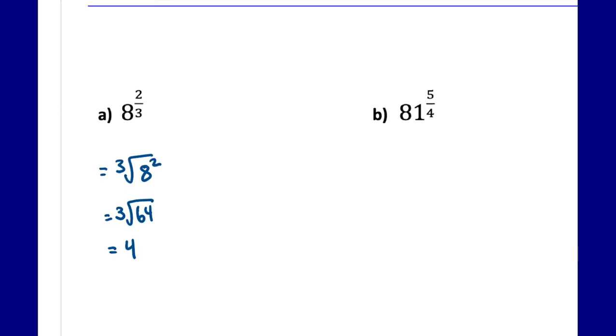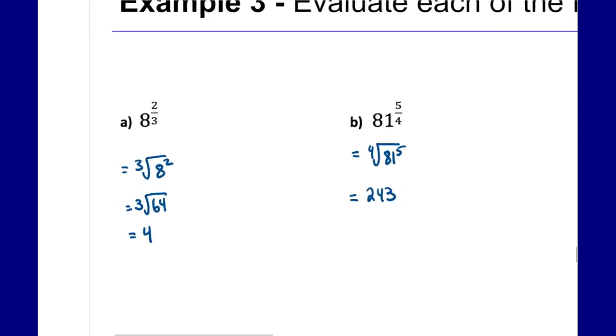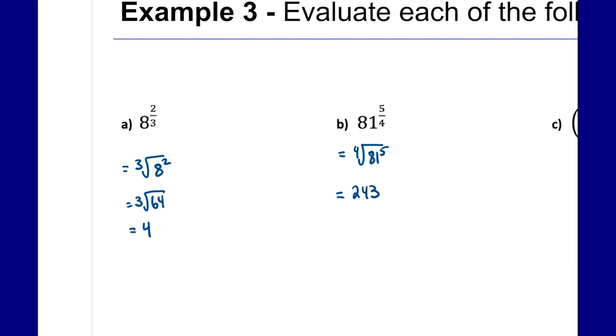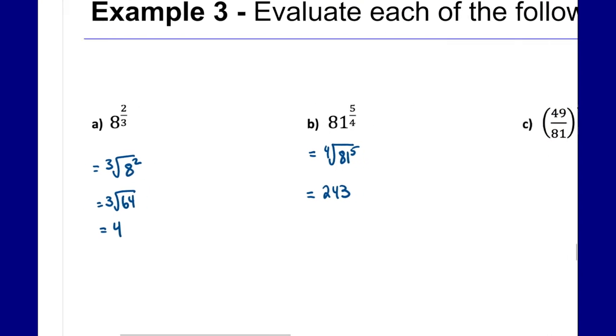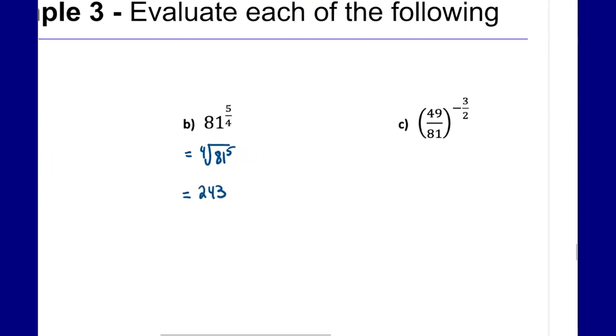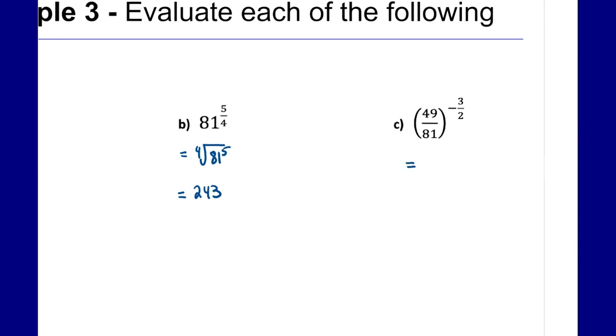For B, 81 to the power of 5 over 4. Again, we're just evaluating. If we want, we can convert it to the fourth root of 81 to the power of 5. Or if we enter it into our calculator, we should get 243. So again, this is more just about being comfortable using our calculator. C, 49 over 81 to the power of negative 3 over 2.